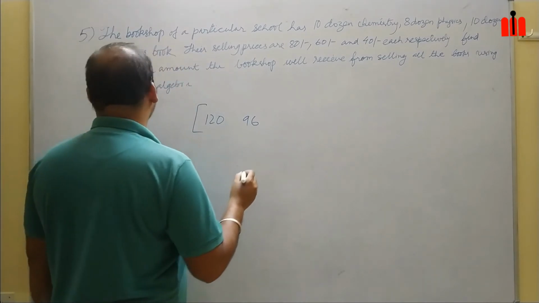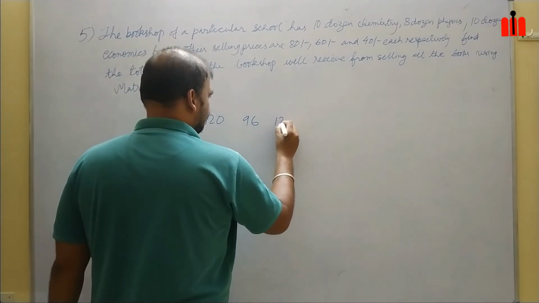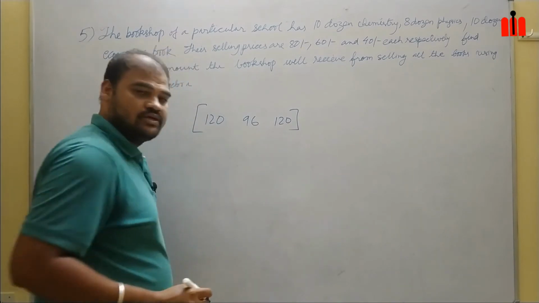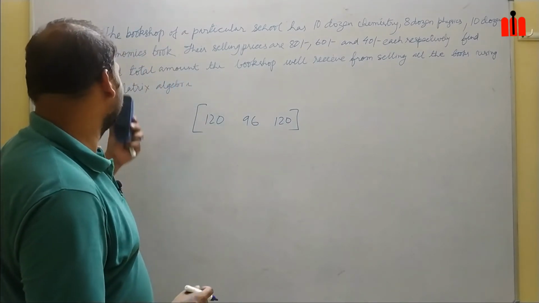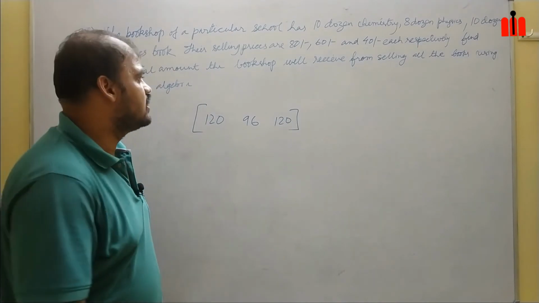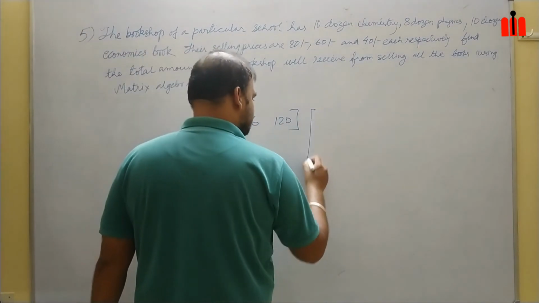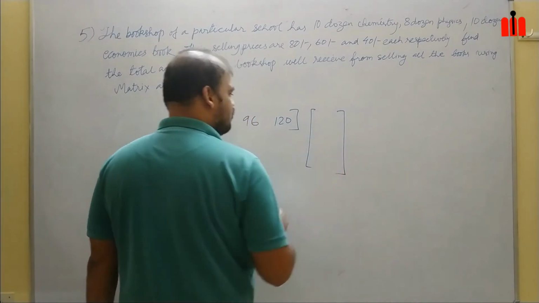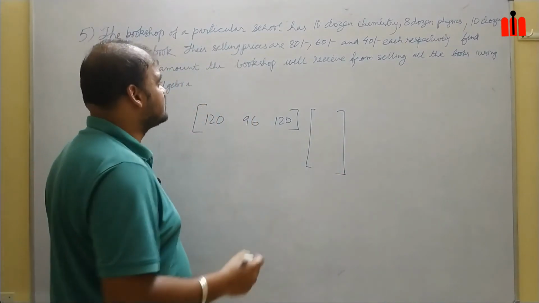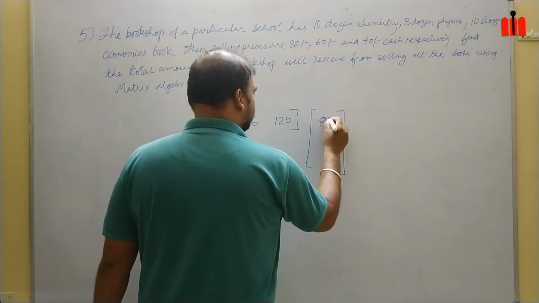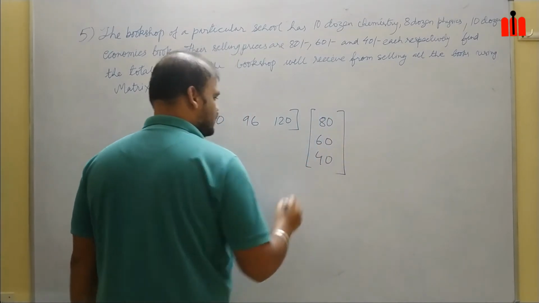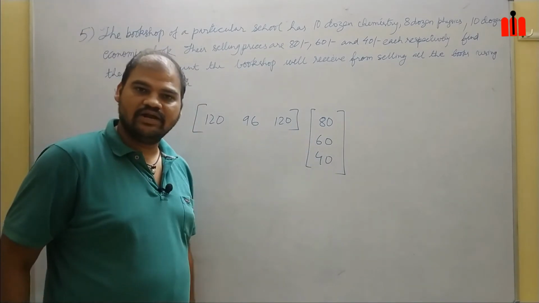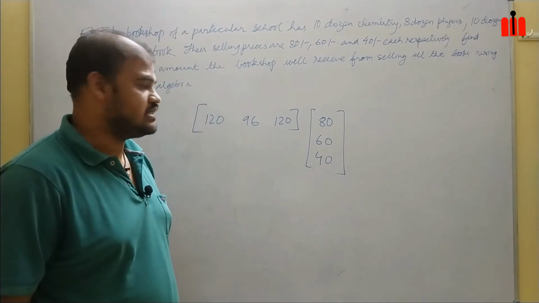And after that economics will be 120. So 120, 96 and 120 are the books. Now my price matrix will be the column matrix. So my price matrix will be 80 rupees, 60 and 40.